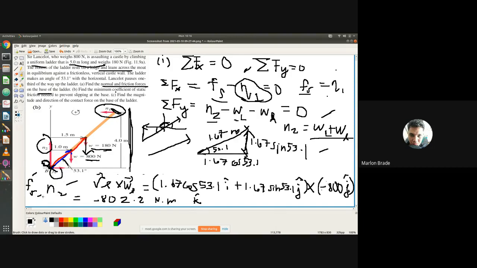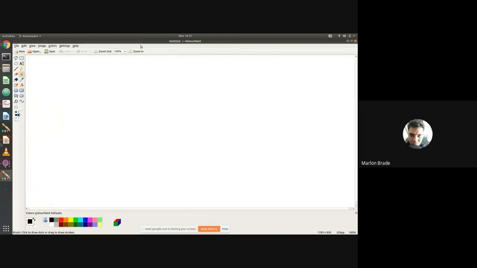So question number 2 is: find the minimum coefficient of static friction needed to prevent slipping at the base. So for the base not to slip, what is the minimum value of the static friction? This is very simple. We know that our N1, which is actually equal to Fs, is 268 Newton.